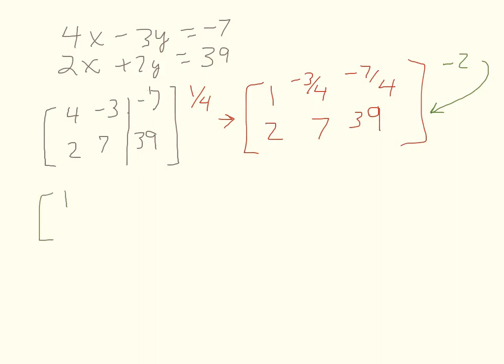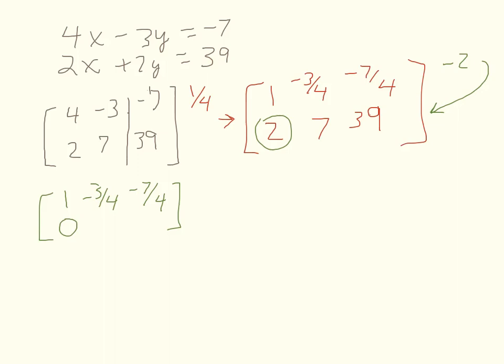Realize that the first values don't change at all. Now for the second one, we take 1 times negative 2, which gives us negative 2, and add it to your 2 right here, which gives us 0. Now we take negative 3/4 times a negative 2, which is 6/4, and add it to 7.